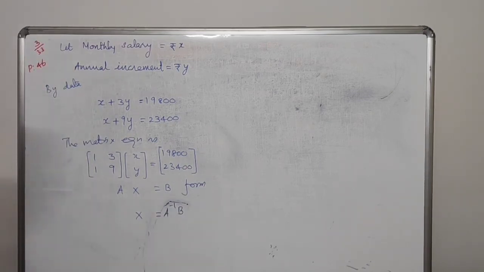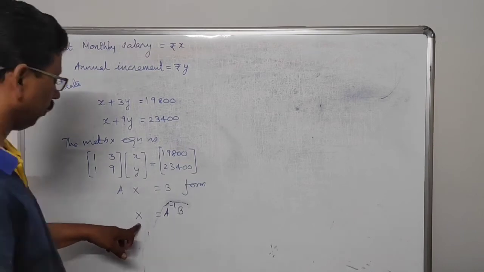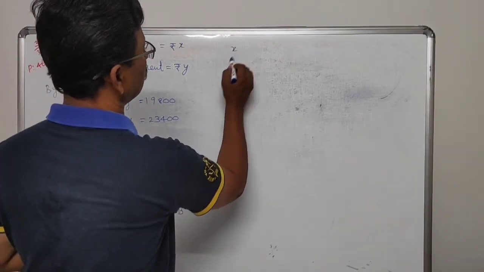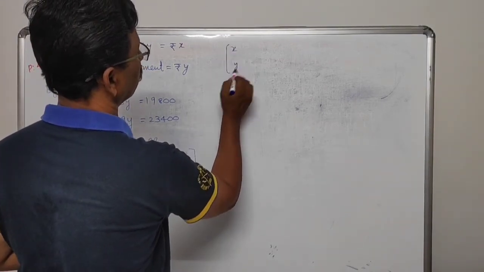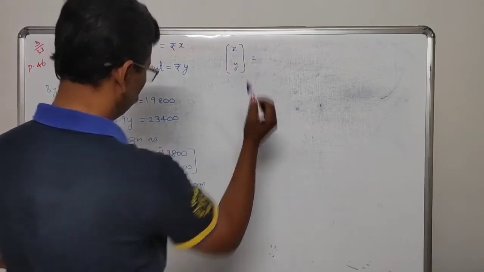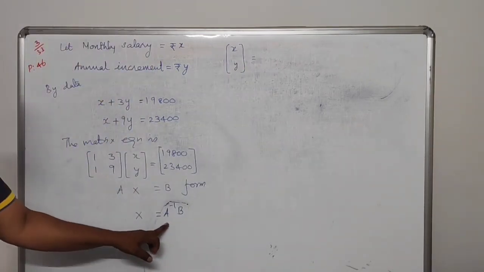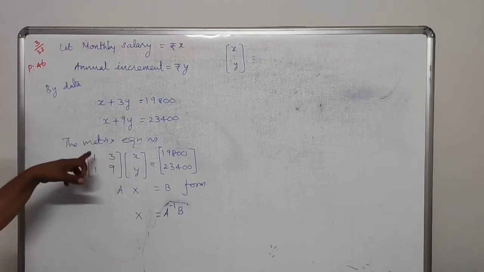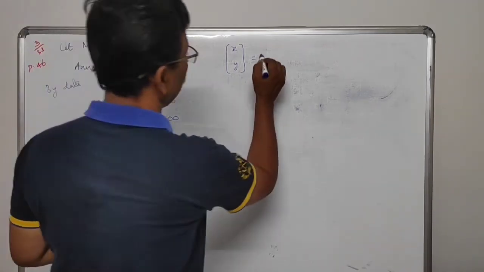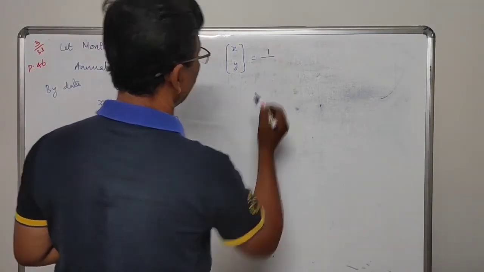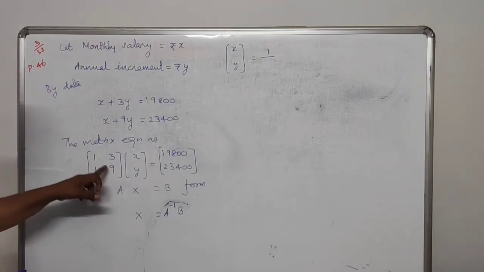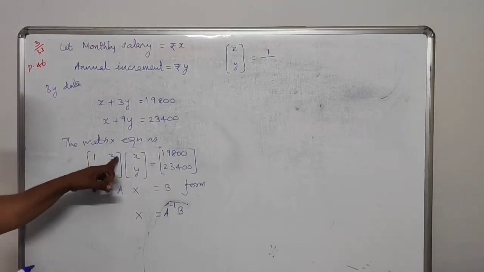Therefore, we can follow this. X, Y equal to A inverse B. It is a 2 by 2 matrix, so we can directly find A inverse equal to 1 by determinant of A. The determinant is 9 minus 3, which gives 6.